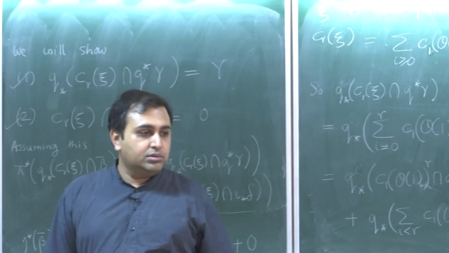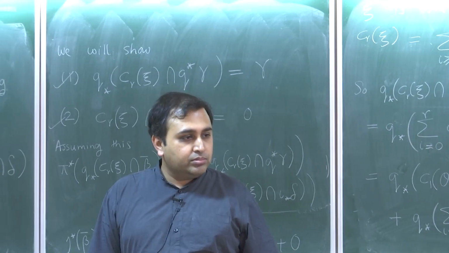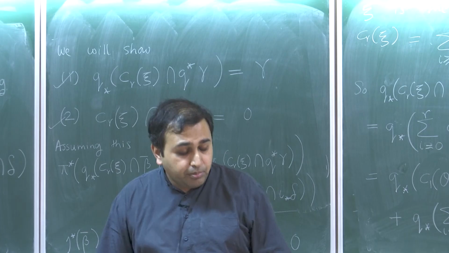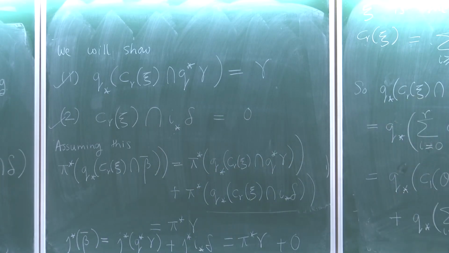I gave this section, and I have to show it is nowhere vanishing. That's a vector space statement: over each fiber, I have to show it is nowhere vanishing.